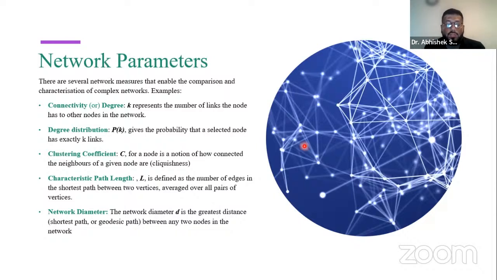Connectivity, first is connectivity. Now, what is connectivity? Here k represents connectivity, or degree of connectivity, is represented by k. The k represents the number of links the node has to other nodes in the network. For example, we have two types of networks, directed and undirected. For directed networks, k has two components, k in and k out.